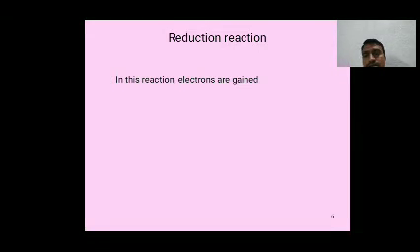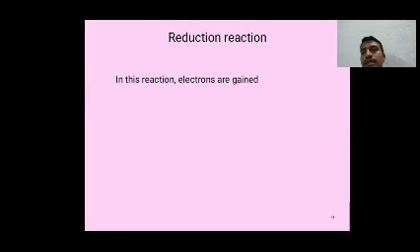Gain of electrons: Cl forms Cl minus. In this reaction, gain of electrons is called reduction.